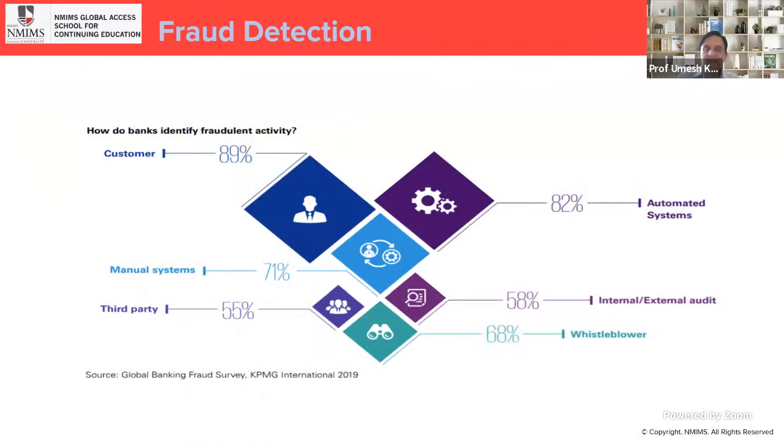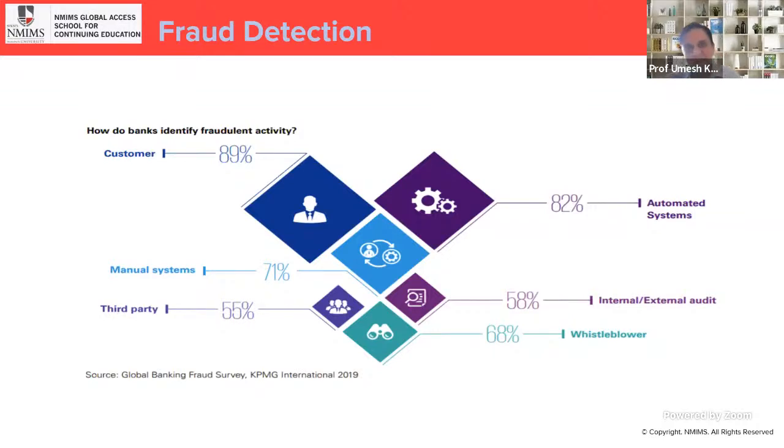How do banks identify the fraudulent activity from the customer? About 89% identify based on what the customer is doing. They're tracking their behavior. Automated systems, which is investing in the so-called red alerts that the system will flag off if any anomaly is spotted. Internal and external audit functions.